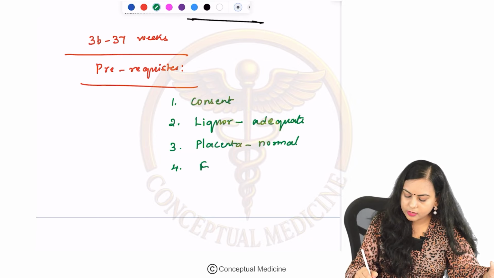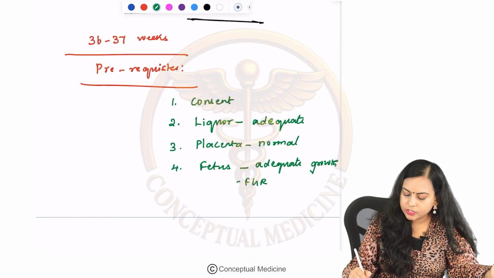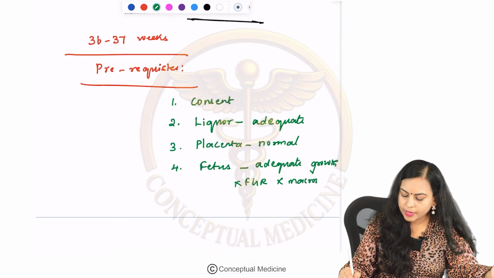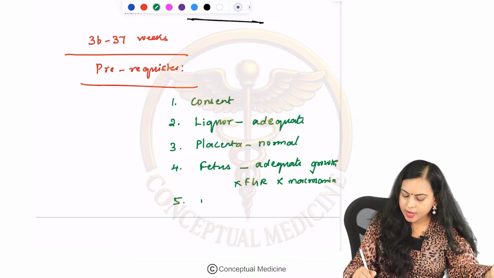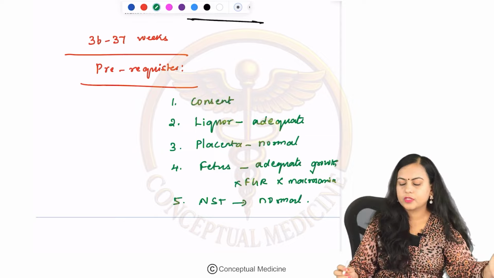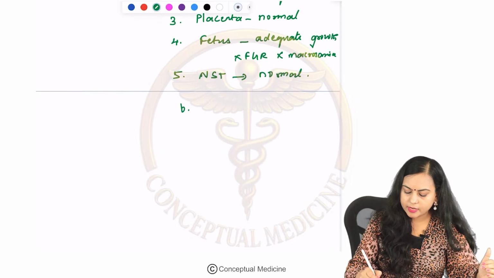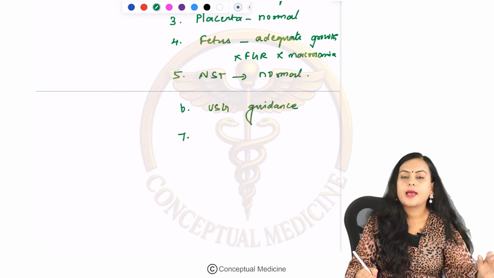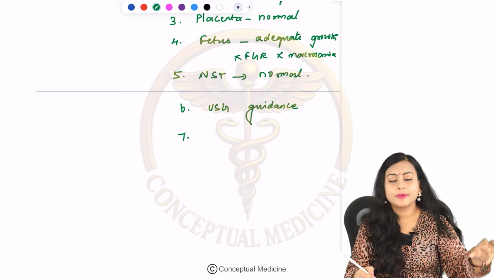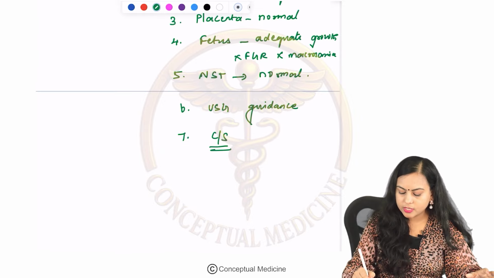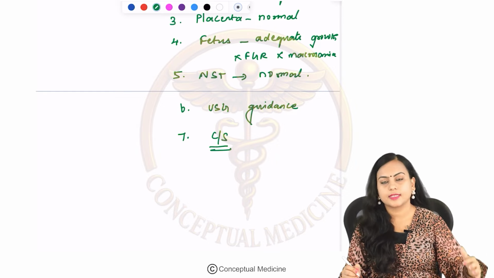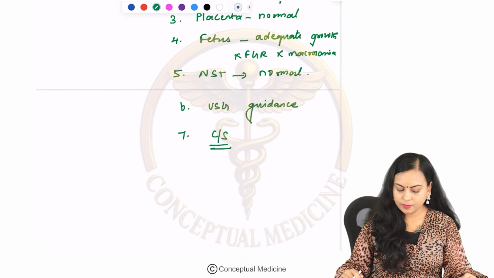The fetus should have adequate growth and it should not have either FGR or macrosomia, and an NST taken before should be normal, and this should be performed under ultrasound guidance, and it should be happening in a tertiary care center or any place where you can take the patient through a cesarean section if something adverse happens, right? So these are the prerequisites.